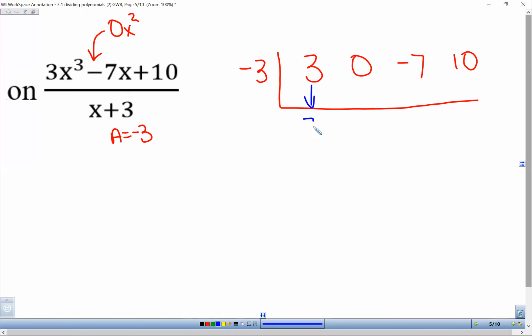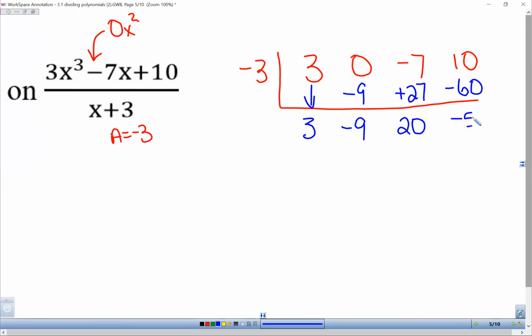So again, bring down the first term. Negative 3 times 3 is negative 9. Add these together. Negative 3 times negative 9 is positive 27. If you need to write a plus there just to make sure you get the right sign, that's fine. Negative 7 plus 27 is 20. And negative 3 times 20 is negative 60.